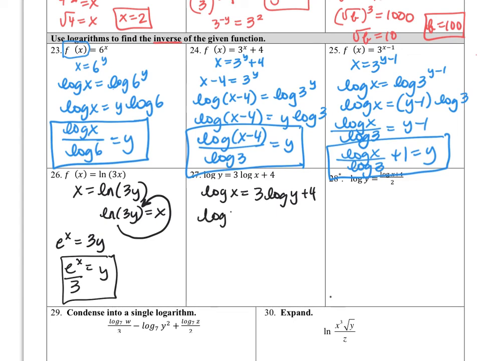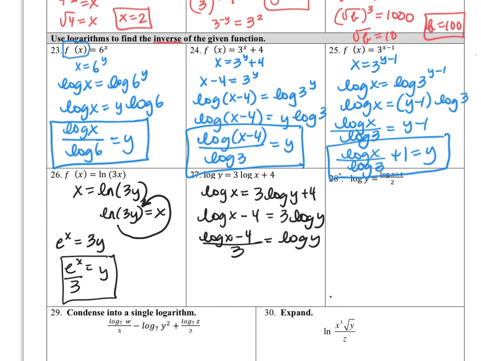log x minus 4 is equal to 3 log y. Now we gotta divide by 3, so log x minus 4 divided by 3 is equal to log y.